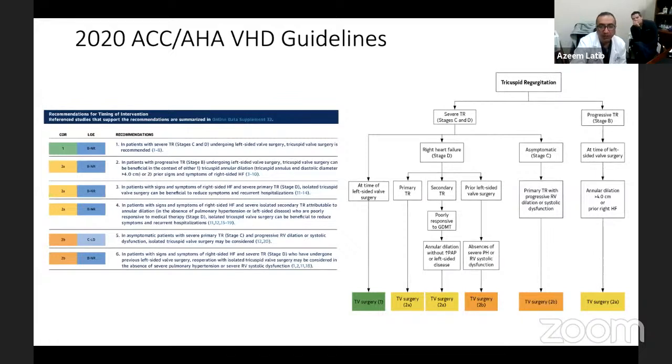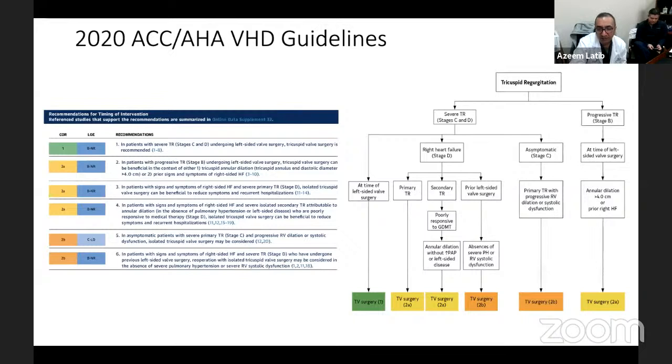And when we look at the class 2 indications, they're really based on the fact that you have to have severe TR and you have to have right-sided heart failure. If the cause is primary, you have a class 2A indication. If the cause is secondary and you're poorly responsive to GDMT and you have annular dilatation without an increase in pulmonary artery pressure or left-sided disease, you have a class 2 indication.